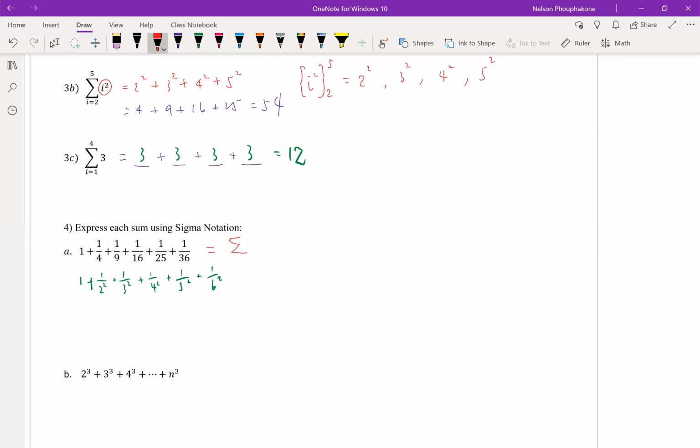How about if I use the index k, then k is from 1 to 6 of the function 1/k squared. Okay, yeah, that's it.